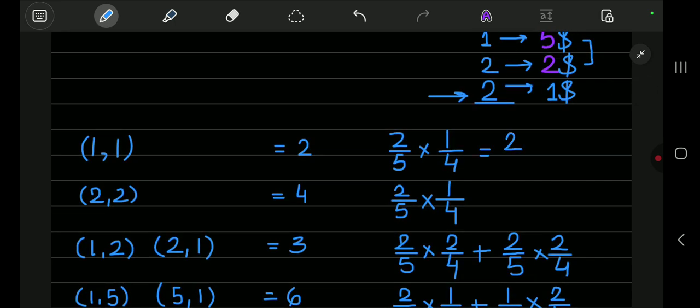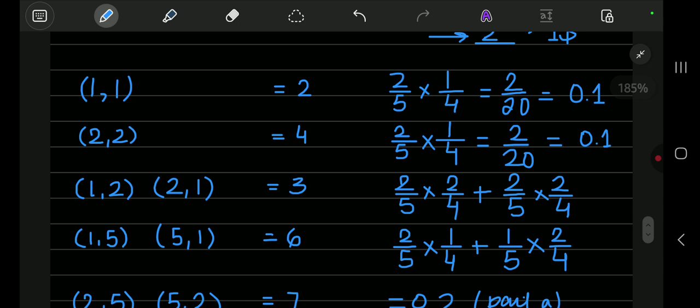2 over 20, 0.1 is the probability for the first case, then 2 over 20 is 0.1 again. Then for this one, 2 over 5 times 2 over 4 is 4 over 20, that becomes 1 over 5, plus 1 over 5, it becomes 2 over 5, and 2 over 5 is 0.4.